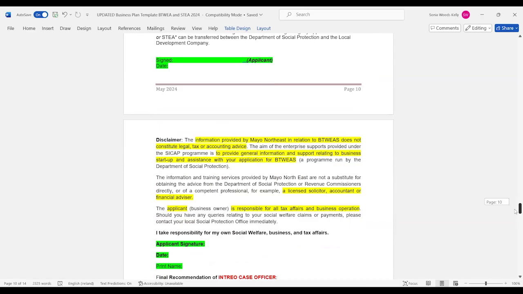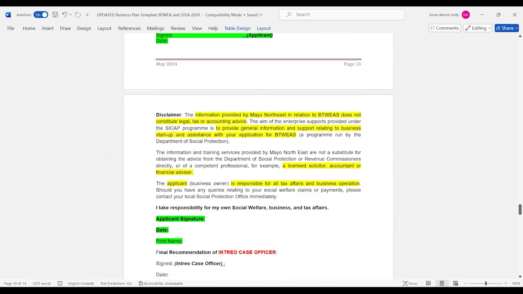And if you scroll down below, you need to read this information here carefully, the disclaimer. And it is just advising you that the information provided by Mayo Northeast in relation to the Back to Work Enterprise allowances does not constitute legal or accounting advice.